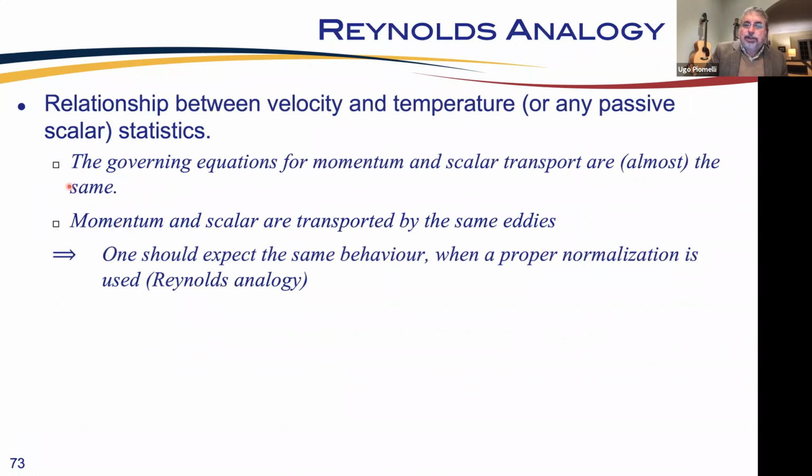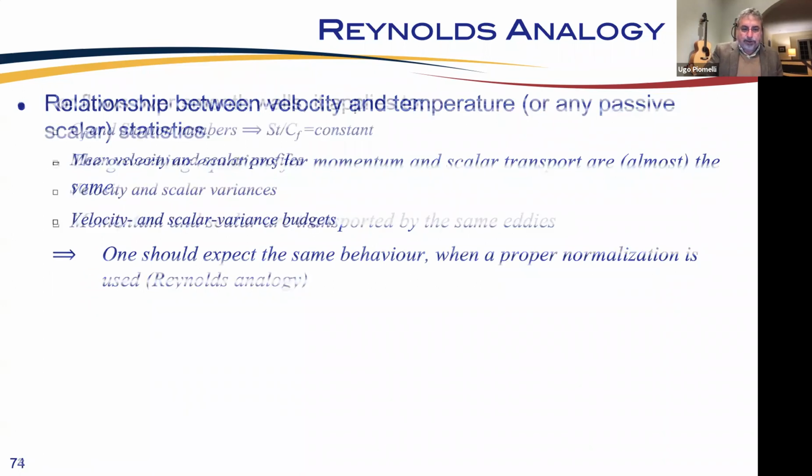The Reynolds analogy is the textbook relationship between velocity and temperature statistics, temperature being an example, but any passive scalar will do. Essentially, since the governing equations are the same, and momentum and scalar are transported by the same eddies, one should expect that the statistics will be the same if a proper normalization is used.